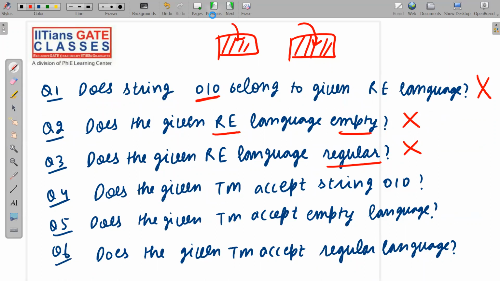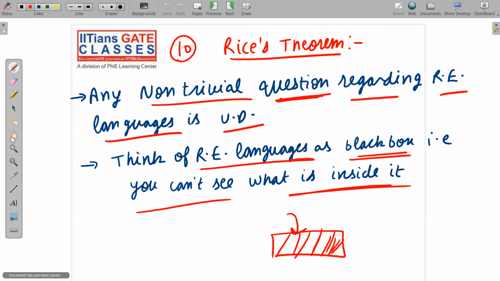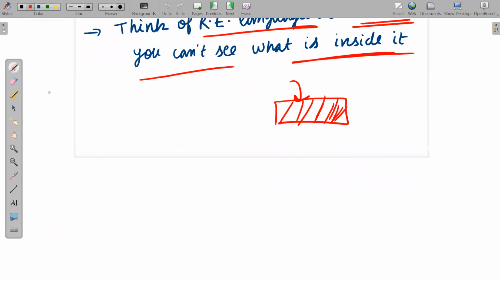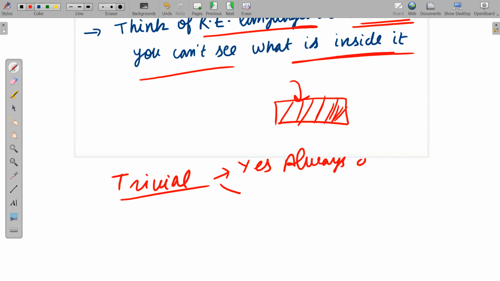If you are confused about trivial or non-trivial, I will tell you a small thing. Trivial means the answer is always yes or always no, without seeing anything; you will blindly say always yes or always no. Don't worry, I will give you some examples of trivial questions also.